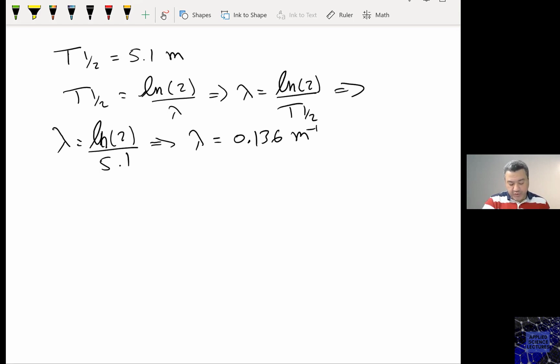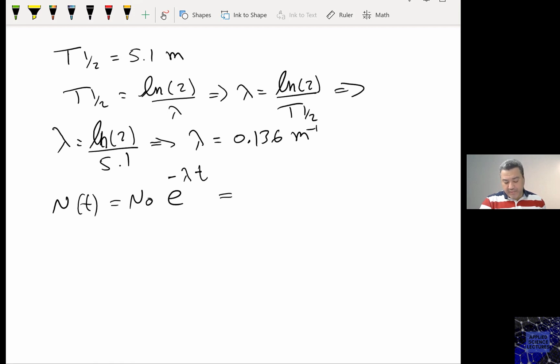Then we know the nuclei number N(t) equals the initial N naught e to the power minus lambda t.